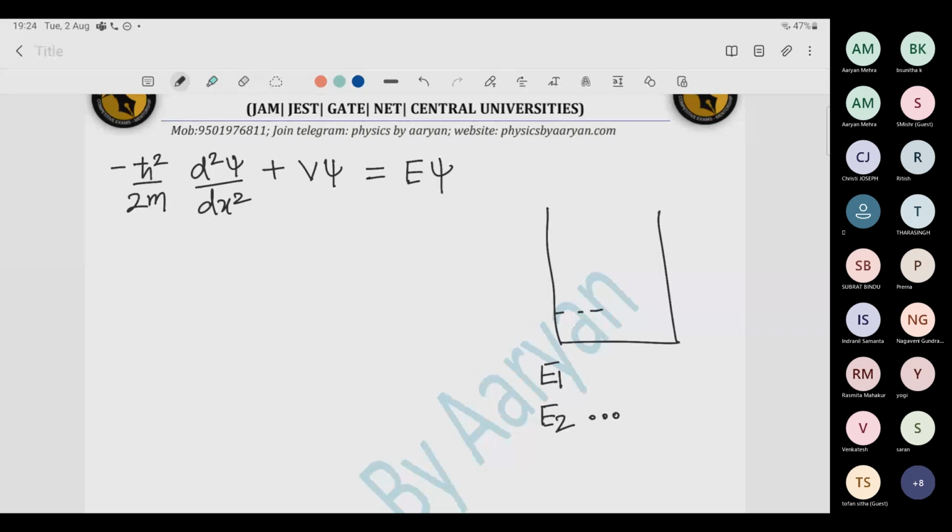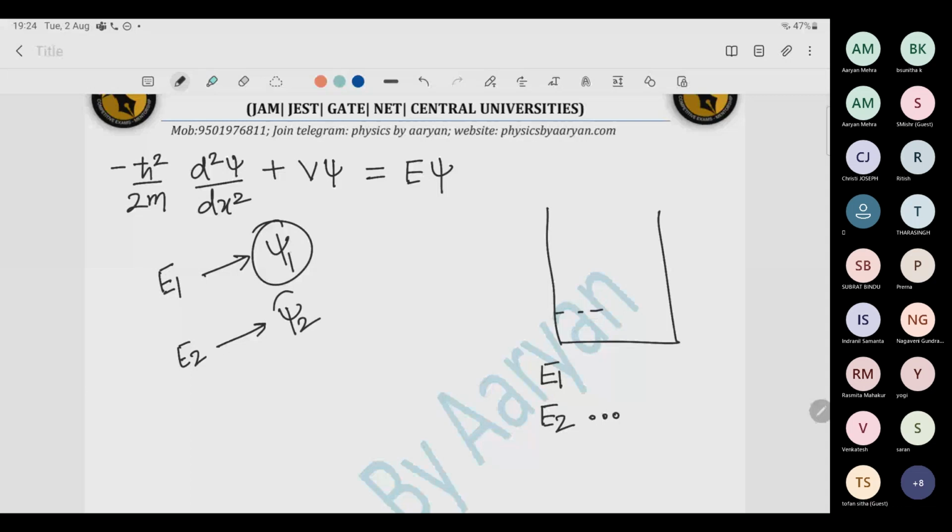The state means that when our particle has energy E1, it will have the state phi 1. When our particle has energy E2, it has a state phi 2.